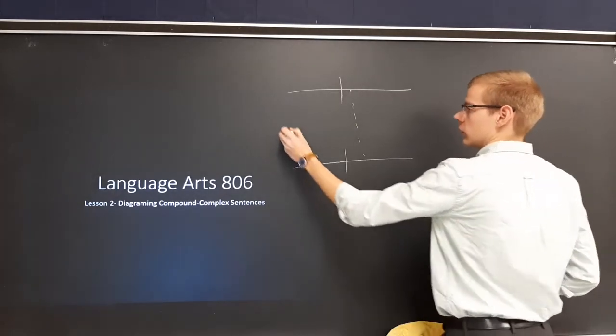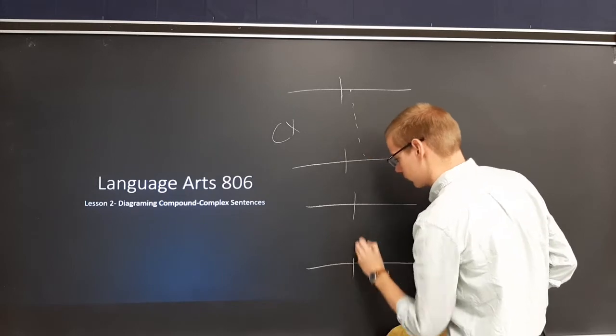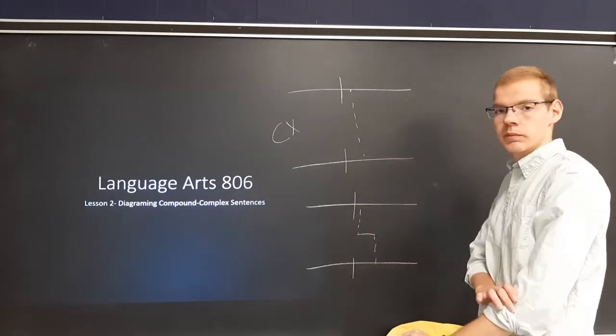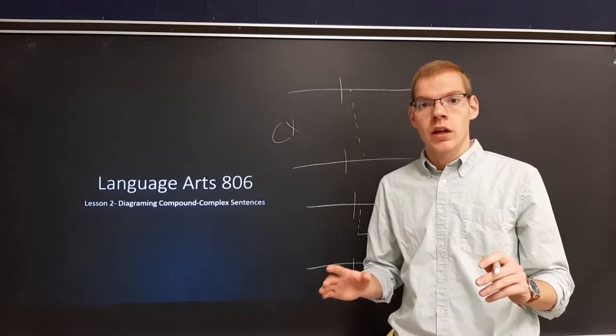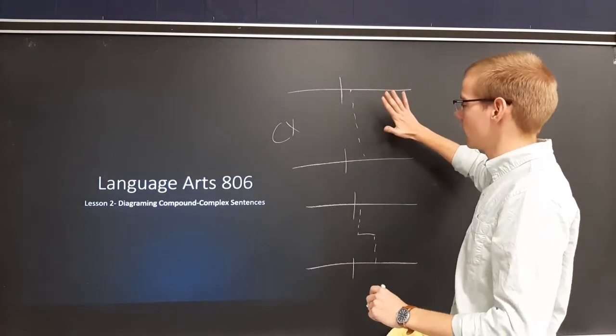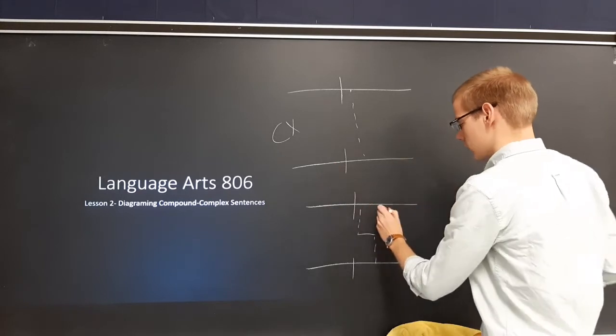A compound, CX. A compound sentence has something like this. Now, what we're going to be learning today is combining this and this, basically making one of these.